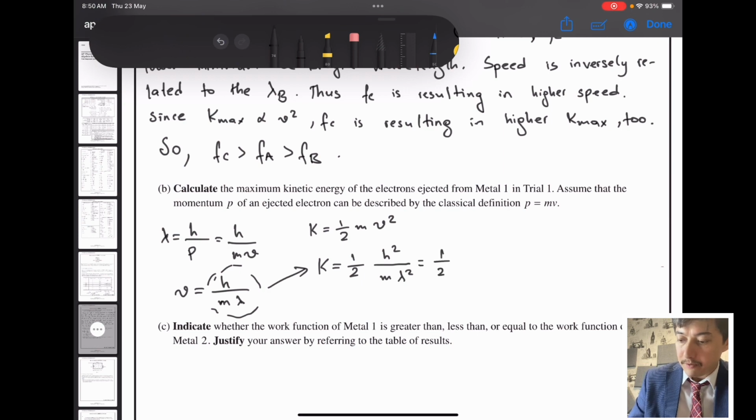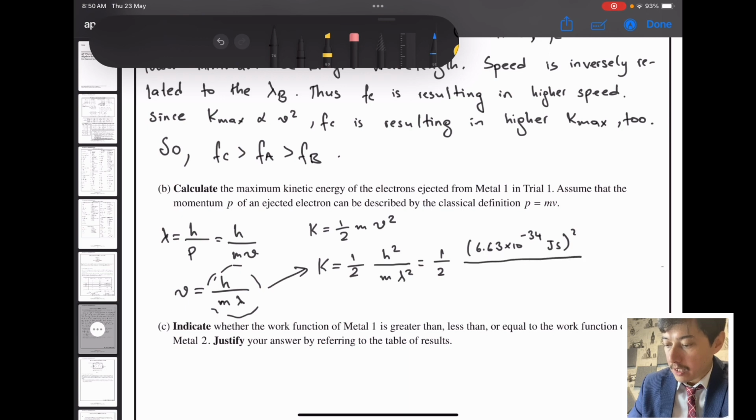Next, substituting numbers. So we have half Planck's constant from the formula sheet. You can see it is equal to 6.63 times 10 to the power of negative 34 joule second, squared. And the mass of the electron can also be found from the formula sheet, which is equal to 9.1 times 10 to the power of negative 31 kilogram.